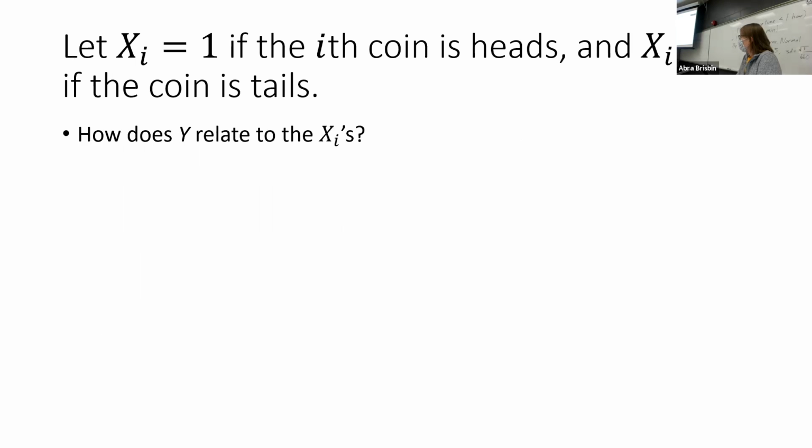All right, so now let's think about these same coin flips a little bit differently. So now let's define a random variable x sub i that equals 1 if the ith coin is heads and equals 0 if it's tails. So how does y, that we defined on the last slide, relate to the x sub i's?